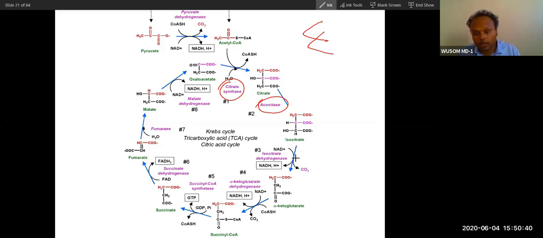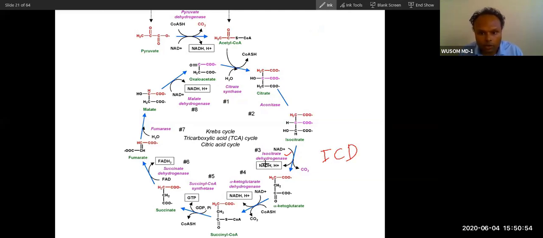In the 3rd and 4th reactions you can see release of carbon dioxide, and both are dehydrogenases. The 3rd is called ICD, isocitrate dehydrogenase, with release of carbon dioxide plus NADH, and the 4th is alpha keto glutarate dehydrogenase.